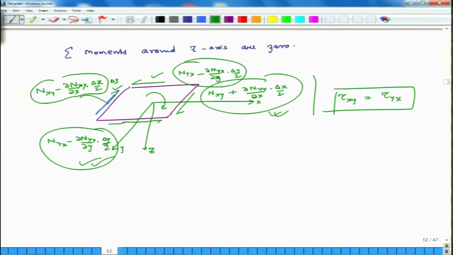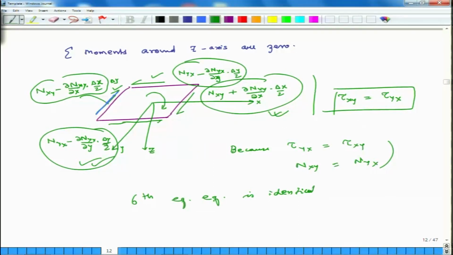If that is the case, then we do not have to create a new equation for equilibrium, because if these forces are equal, then the moments which they will generate will also be equal, because the distance is the same. So, because tau yx is equal to tau xy, Nxy equals Nyx, and thus the sixth equilibrium equation is identically satisfied.